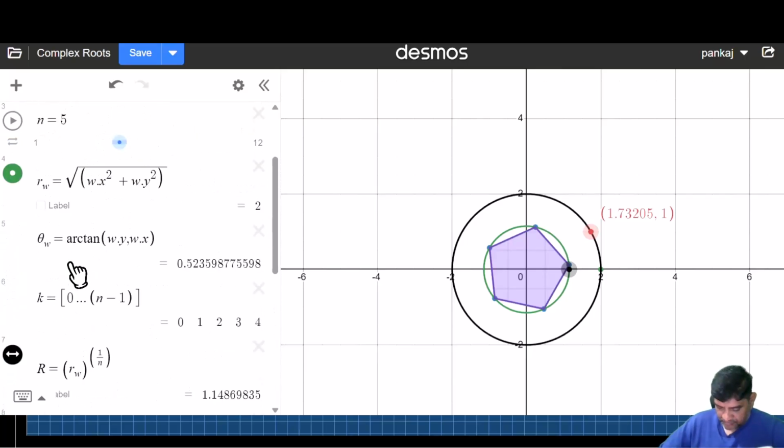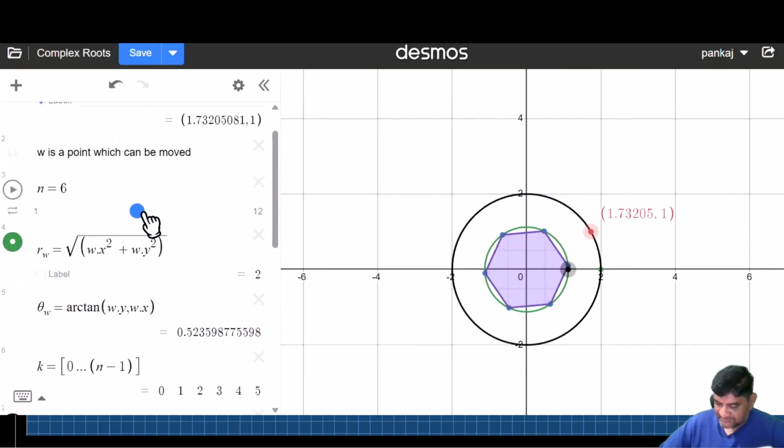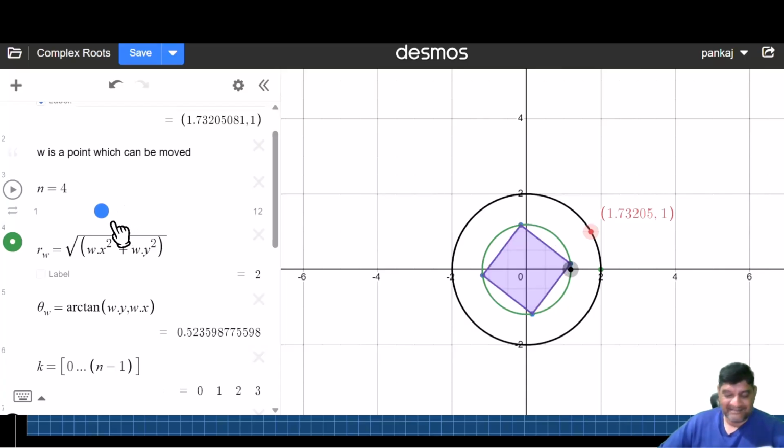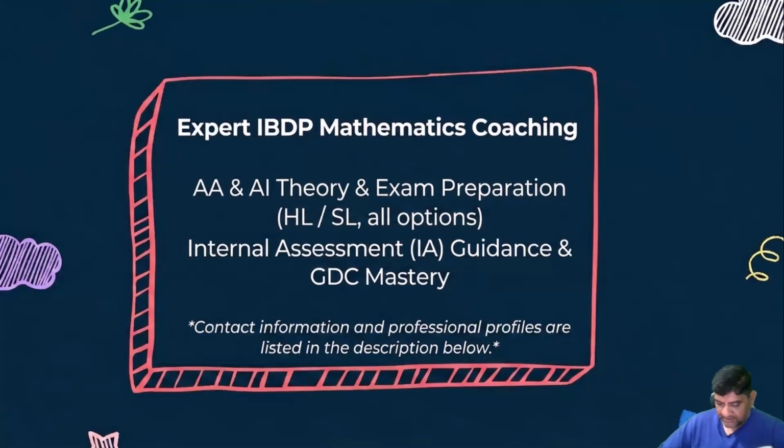So pretty interesting when you look at this on Desmos. You can see that as I increase and decrease, it's going to keep all the roots on the circle itself, and it's always going to be equidistant, right? That's what I wanted to show you.